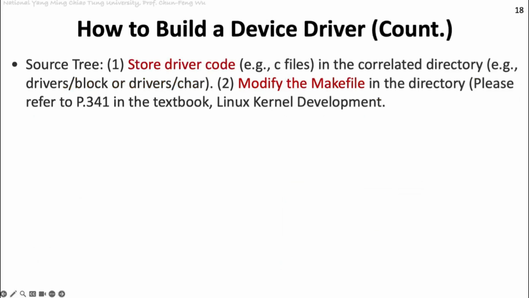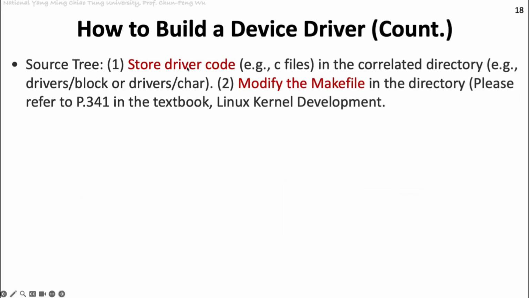Okay, so how do you build a device driver? Actually, there are several ways. First is to store the driver code in your own Linux repository code on your PC. For example, if you download the tarball file and unzip it, there are a lot of folders.